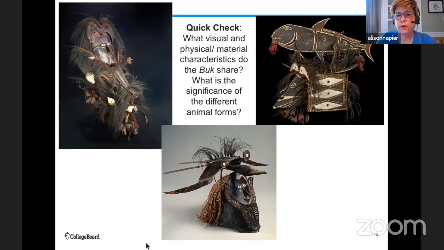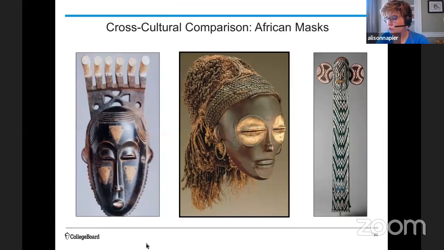So we move now from our book masks to a cross-cultural comparison of a couple African masks, which will be on the exam, or potential for the exam, I guess. And just like the question with the book masks, you should think about these also as a member of a type of a work.